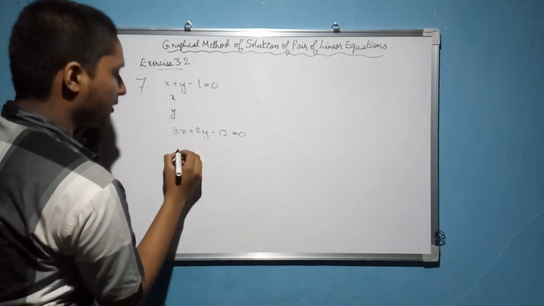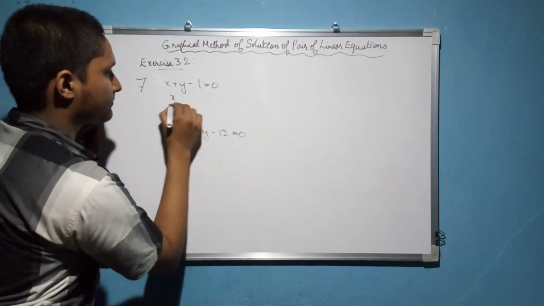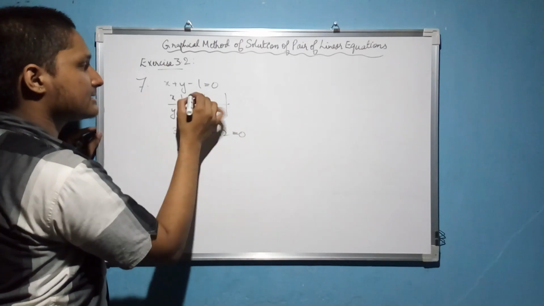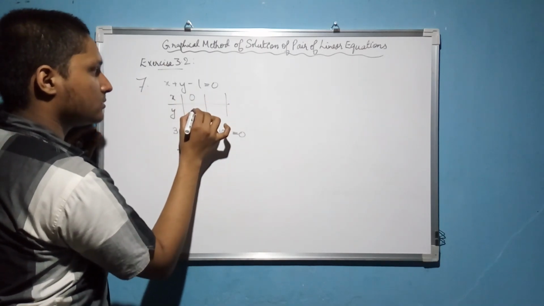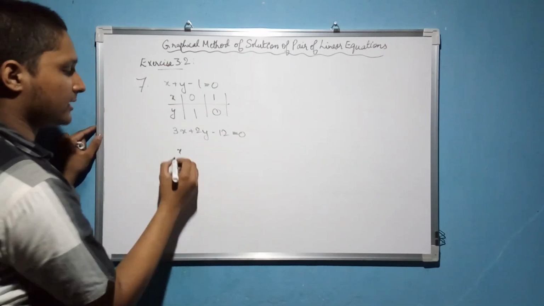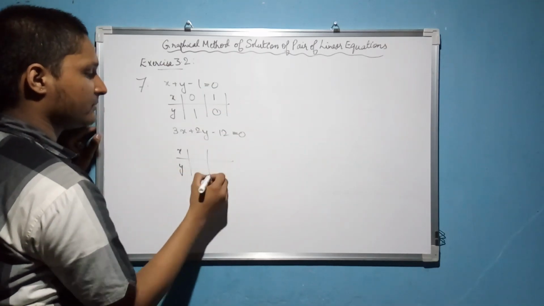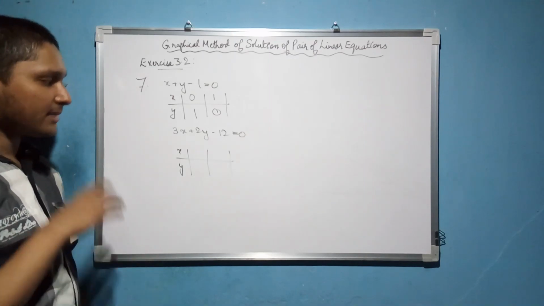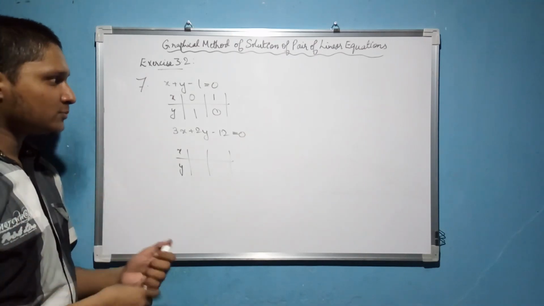So this is the first one. I need to get the points x, y. So when x is equal to 0, y is equal to 1. When y is equal to 0, x is equal to 1. That was simple because the sum was 1. Now we have 3x plus 2y minus 12 is equal to 0.